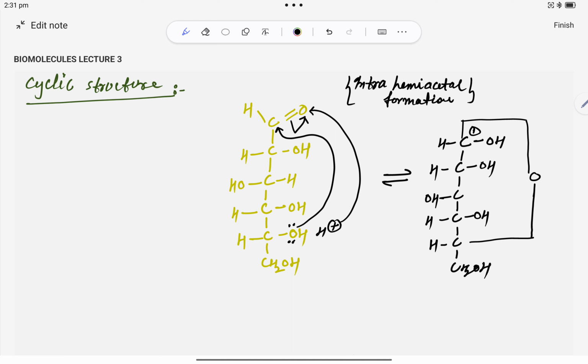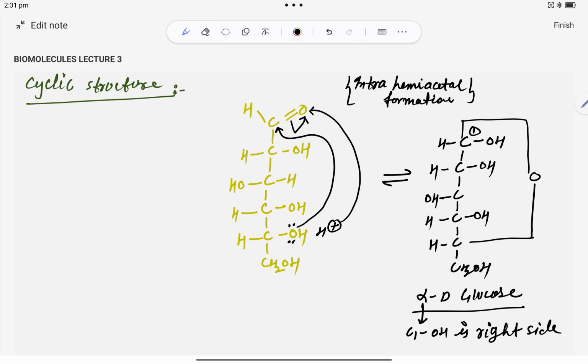It's called alpha D glucose. Try to understand why alpha. What is the meaning of alpha? D is clear, it's a naming. At the carbon number 1, if OH is on the right side, then it is alpha.